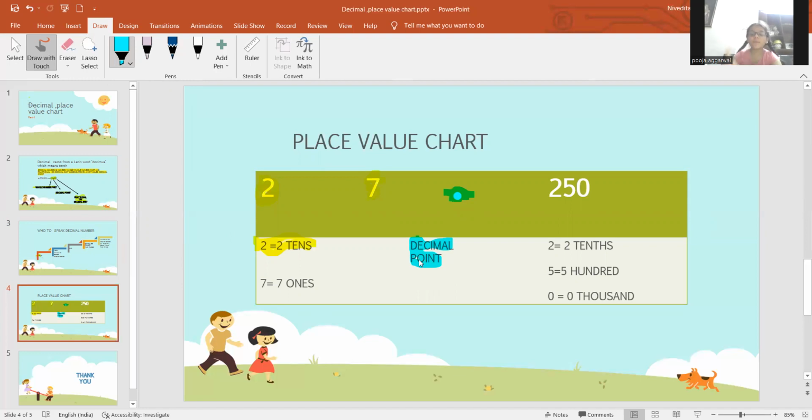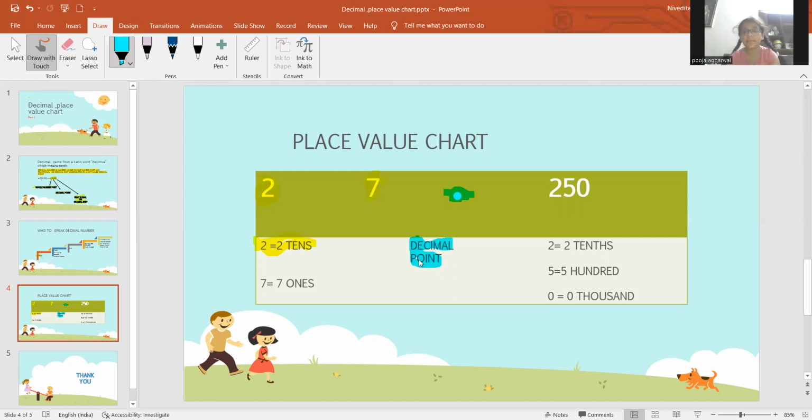The digit before the decimal point is called the whole number, and the digit after the decimal point is called the decimal part. The number before the point is the whole part.